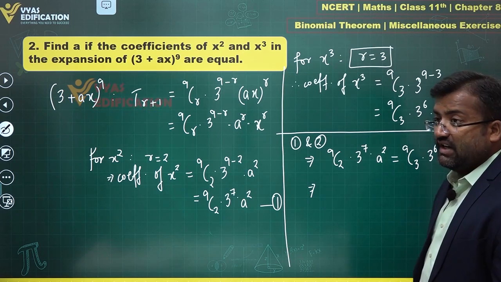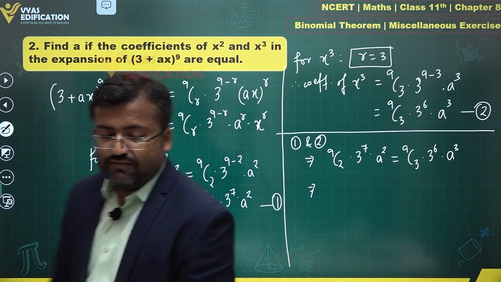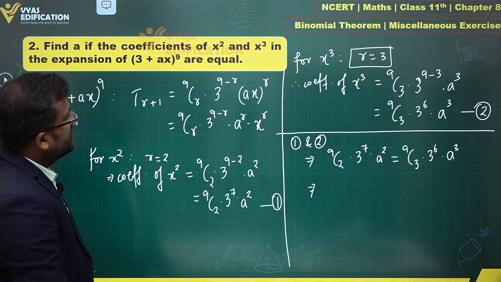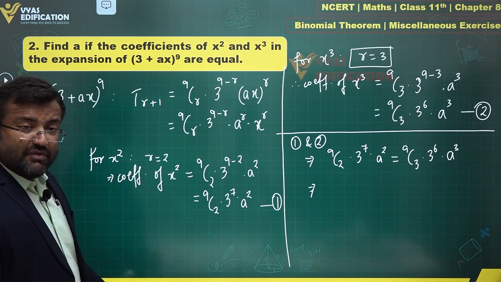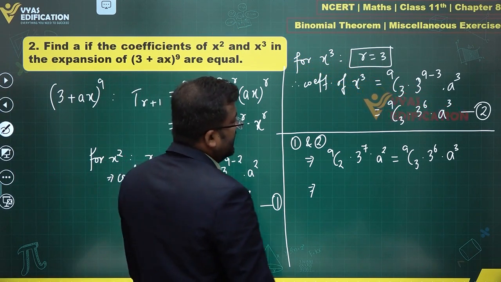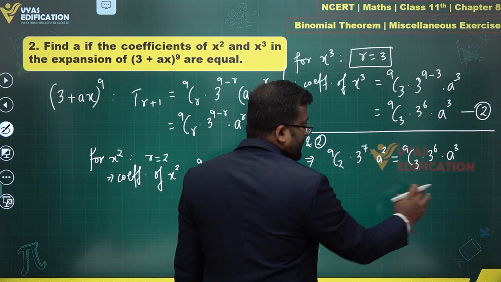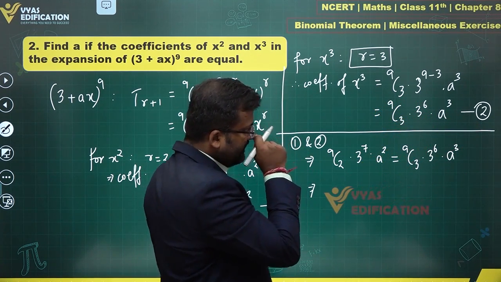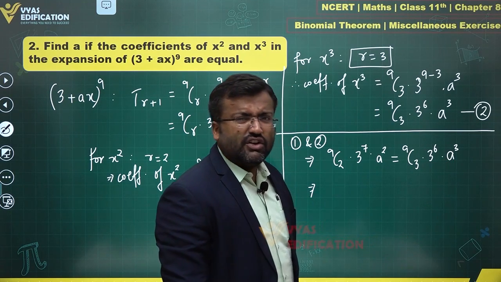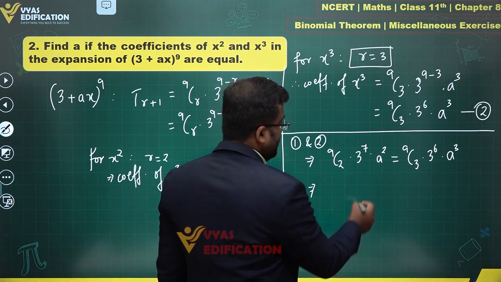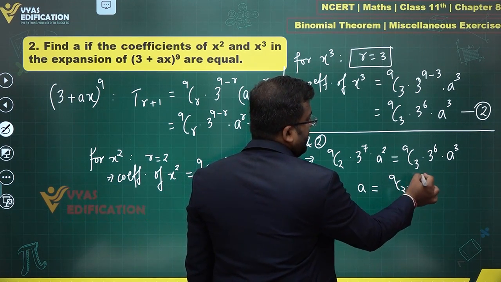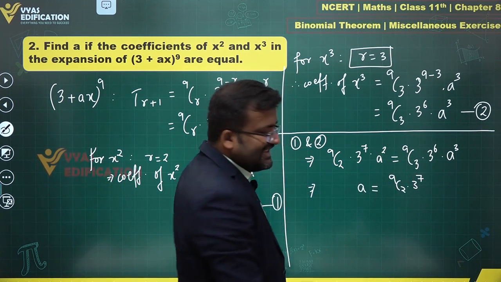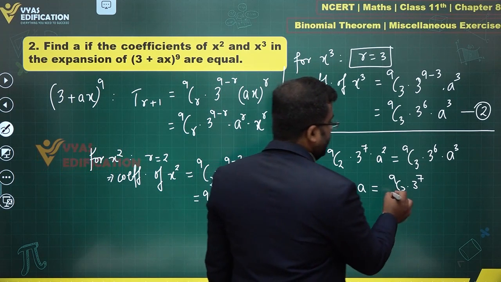This further tells me that, let's cancel those a squares and let's simplify. So this a square goes there, and what you get on the RHS is a. What you get on the LHS is 9C2 times 3 power 7. This will remain in the LHS, and that 9C3 upon 3 power 6 will come in the denominator.